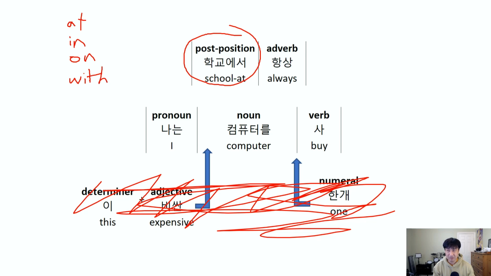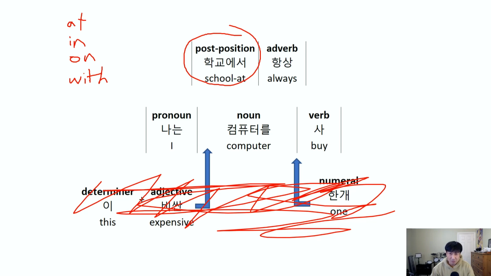So for example, at school or at the library or at 3 p.m. or in the bus or in my bag or on the table or with my friend, with my family, something like that. So these are prepositions. There are many different types.